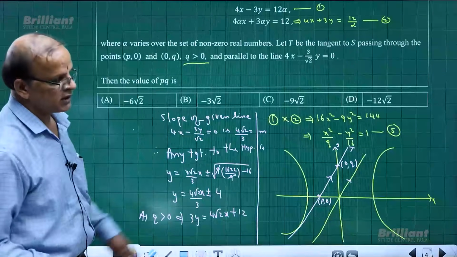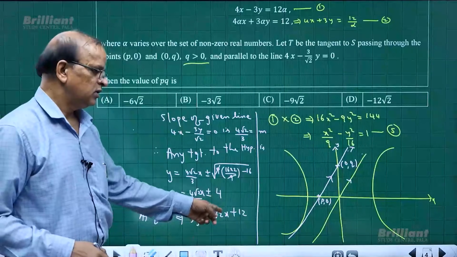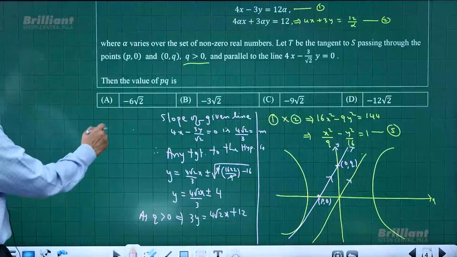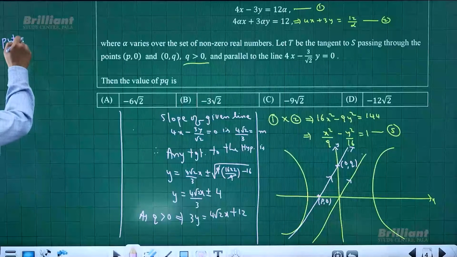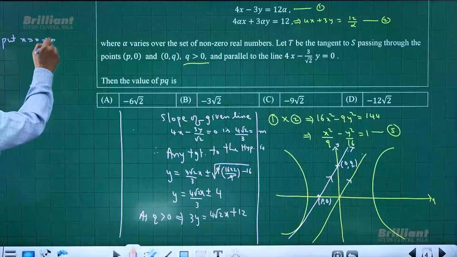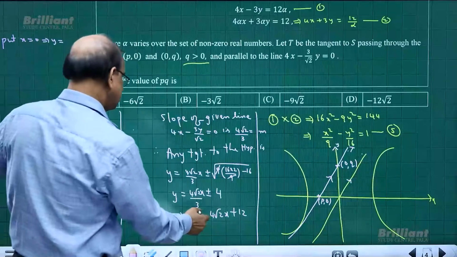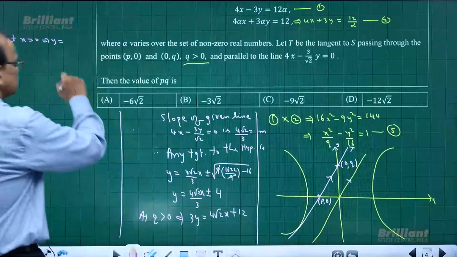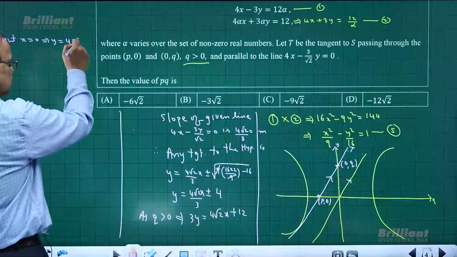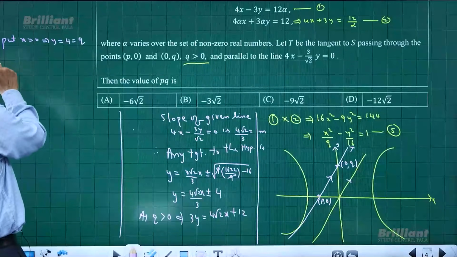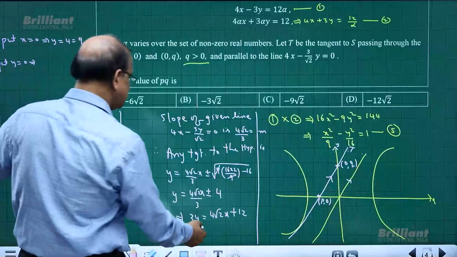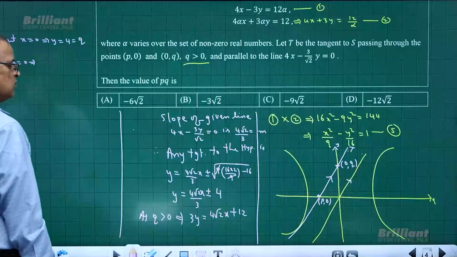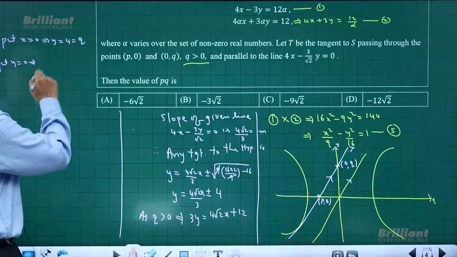How to find these intercepts? Put x equal to 0, you will get y. What is y? y is 4. This is nothing but Q. Now put y equal to 0: x will be minus 12 by 4 root 2, which is minus 3 by root 2.